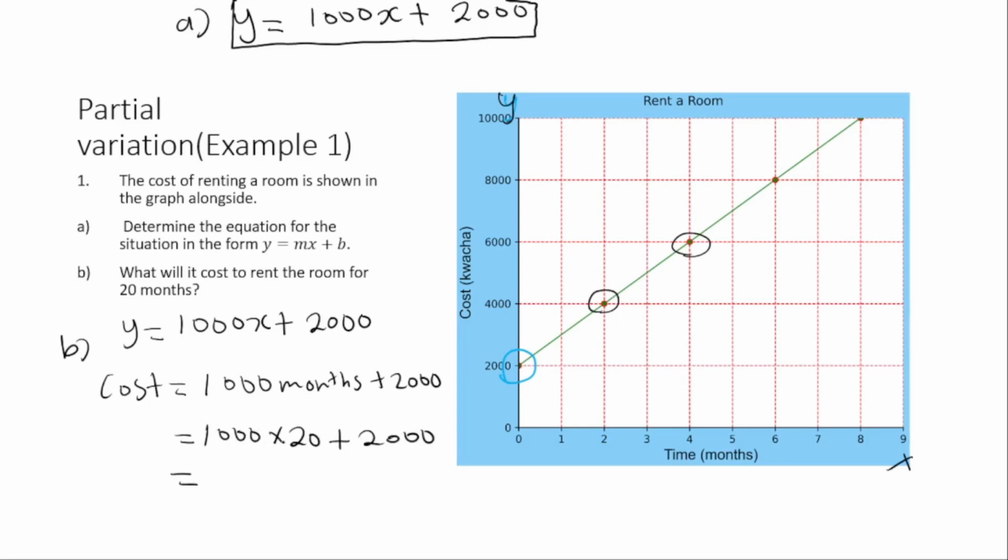We're using BODMAS, so we start with multiplication. 1,000 by 20 is 20,000. Then we have 20,000 plus 2,000, and the cost will be 22,000 kwacha for staying in this room for 20 months.